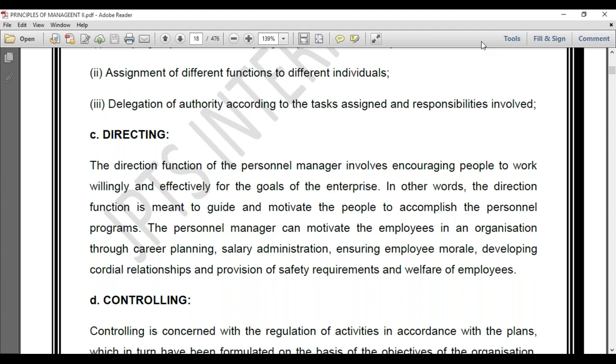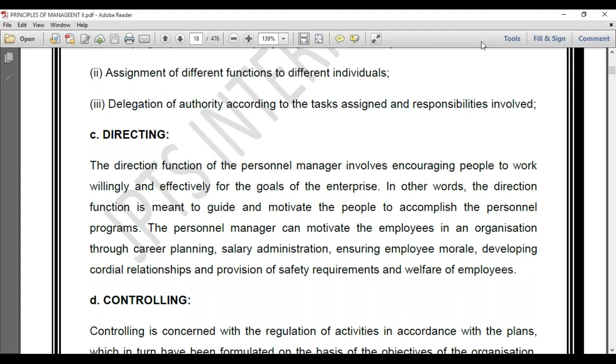You need to motivate them and carry them along through the planning, salary administration, ensuring employees' morale, developing cordial relationships, and provision of safety requirements and welfare of employees. Because as a human resource manager, the bulk is on your desk to seek the welfare of every employee under your control.